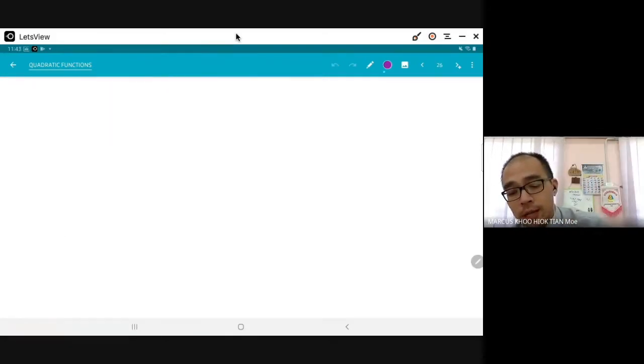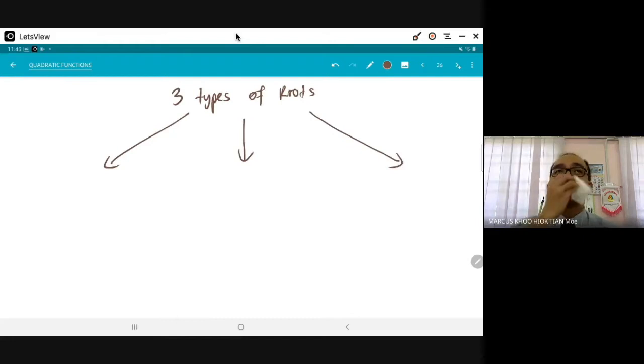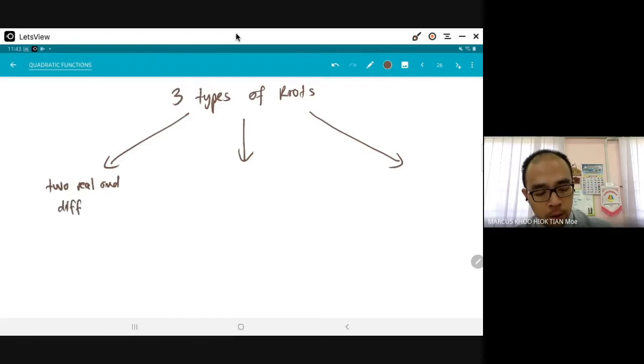Okay, so there are 3 types of roots that you need to know. Jenis yang pertama adalah 2 real and different roots.